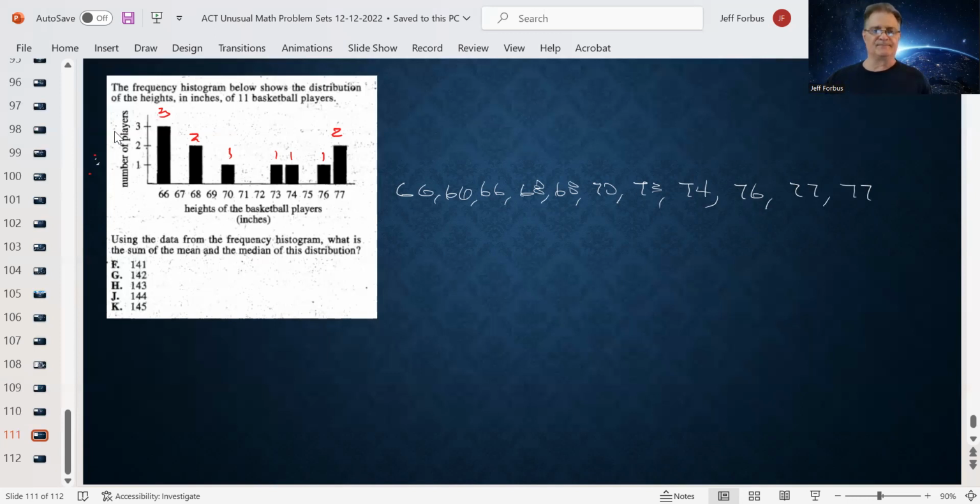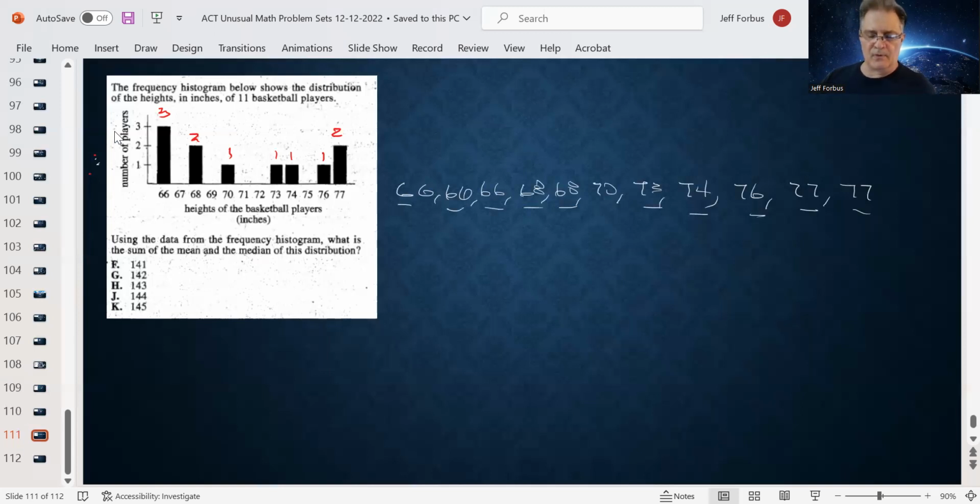Well, the median is supposed to be the middle number. So we can mark these off. 66, 77, 77, 66, 66, 76, 68, 74, 68, 73.